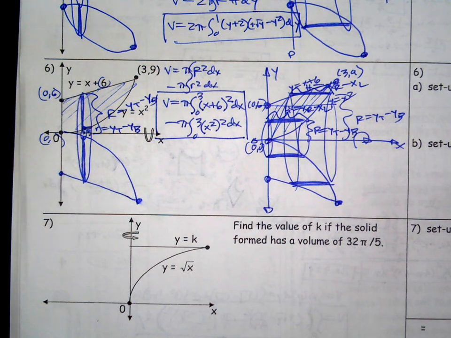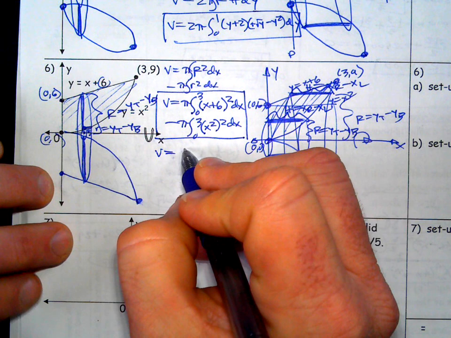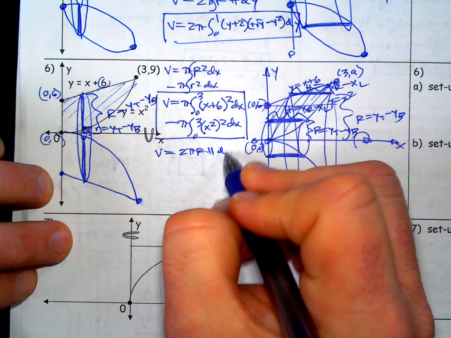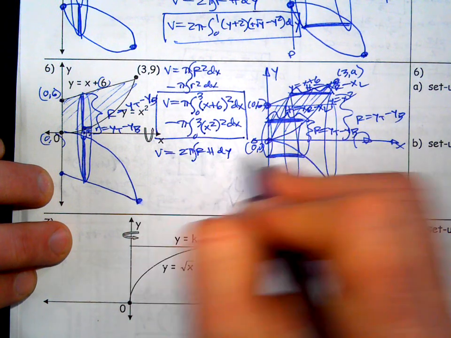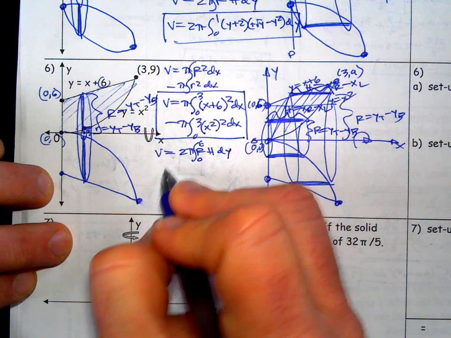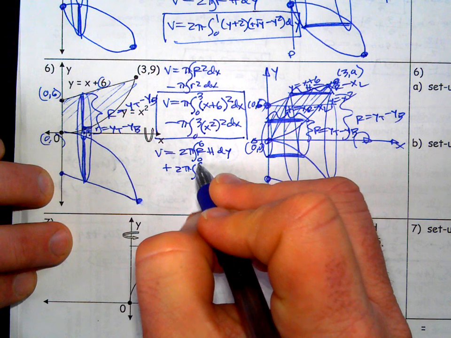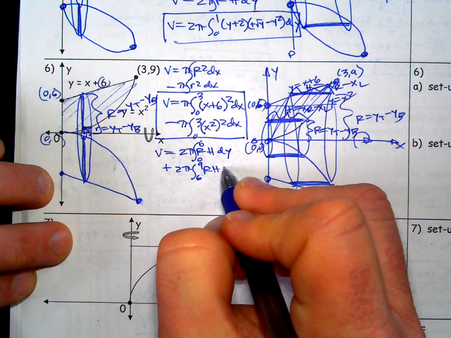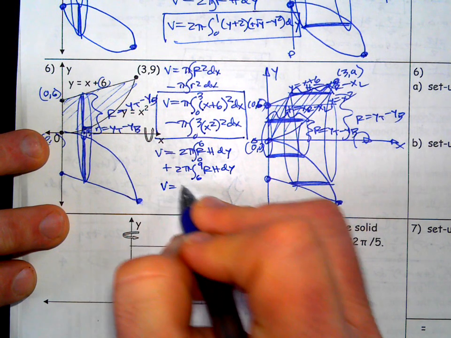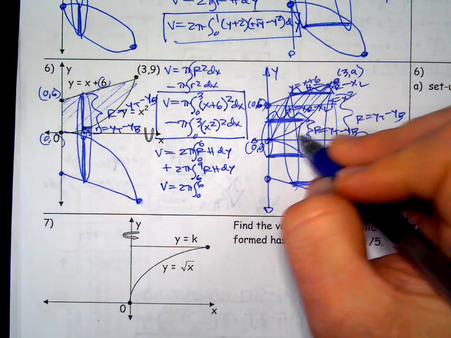And so our volume is 2 pi r h dy. And we're going to have to go 0 to 6 one way, and then plus, we're adding these, another one from 6 to 9, 2 pi r h dy differently. So the first one's 2 pi, 0 to 6.